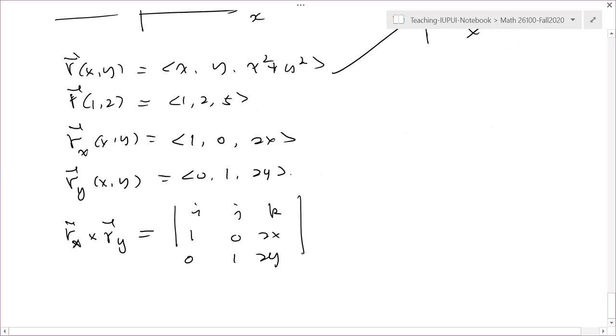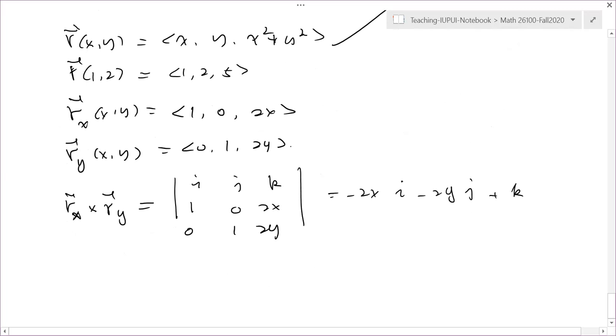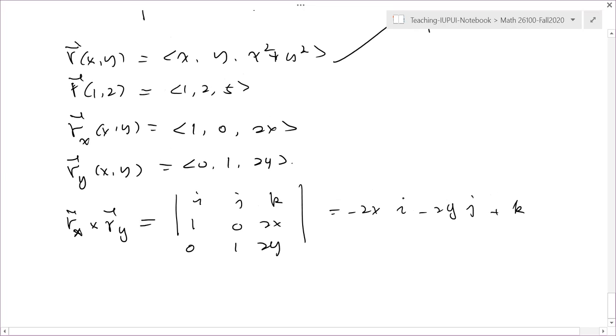The first component is negative 2x, i. The second component is negative 2y, j. The third component is k. So that's the three components here.